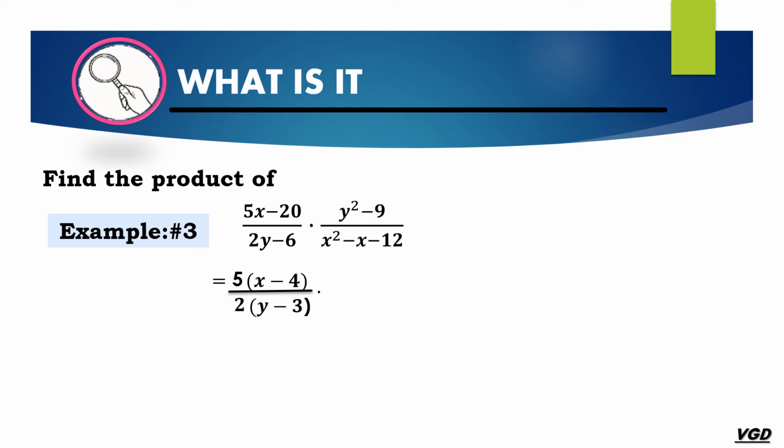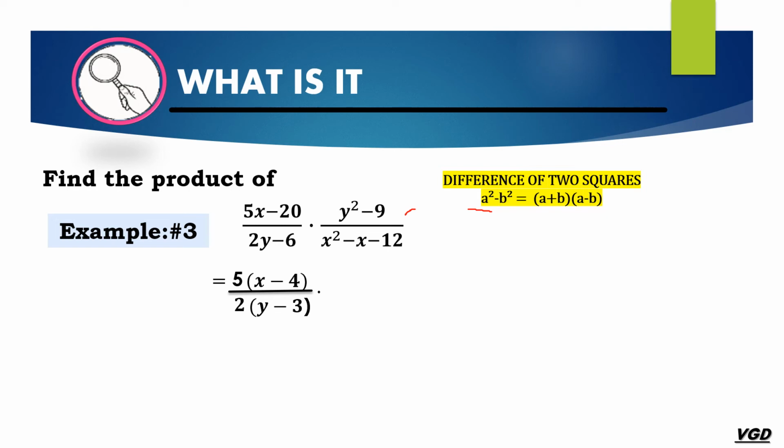For the second rational expression, y squared minus 9 over x squared minus x minus 12, y squared minus 9 can be factored using the difference of squares, in which we will be following the formula a squared minus b squared is equal to the quantity of a plus b times the quantity of a minus b.